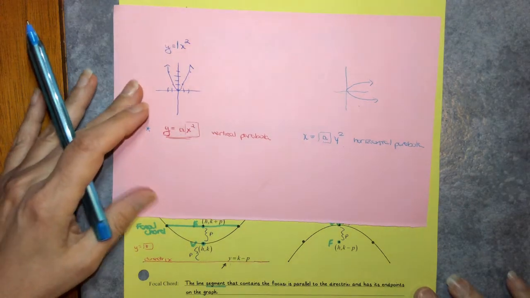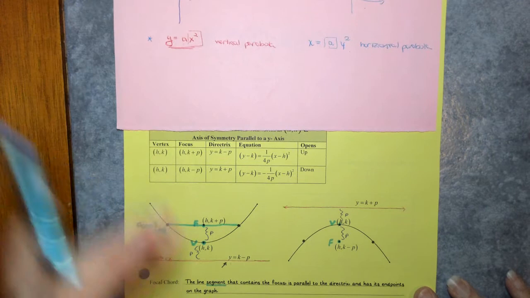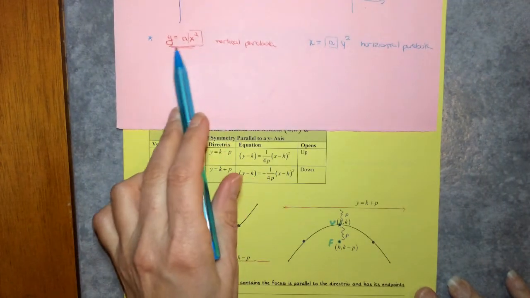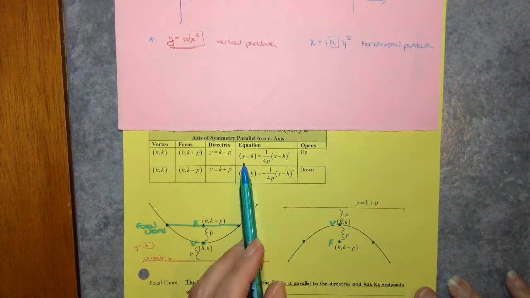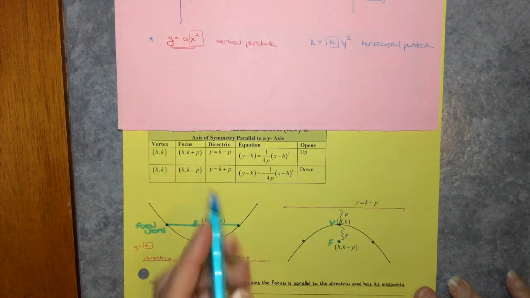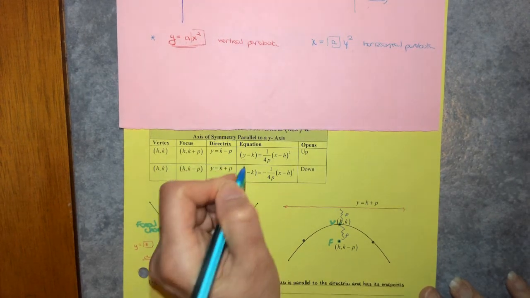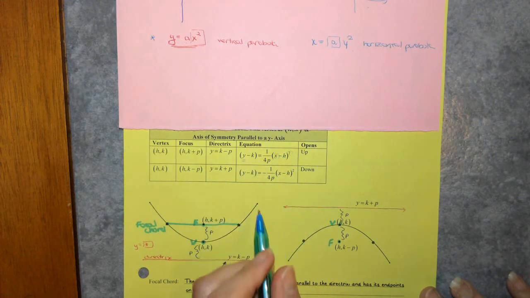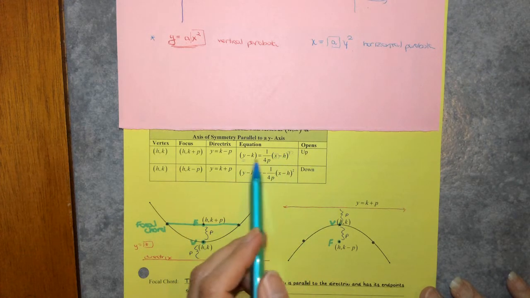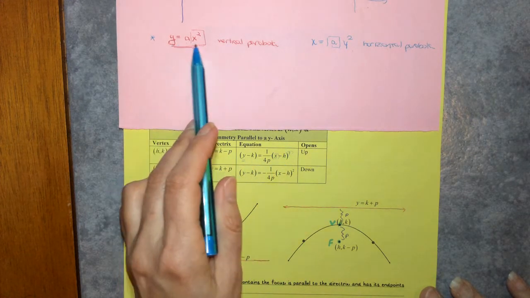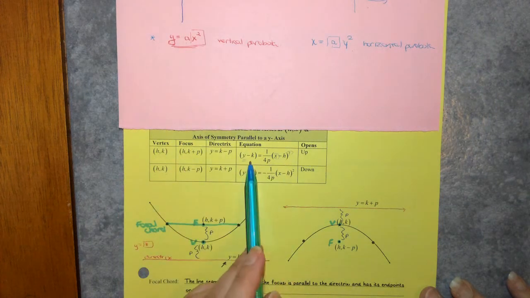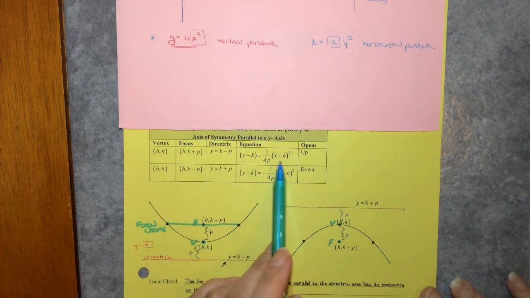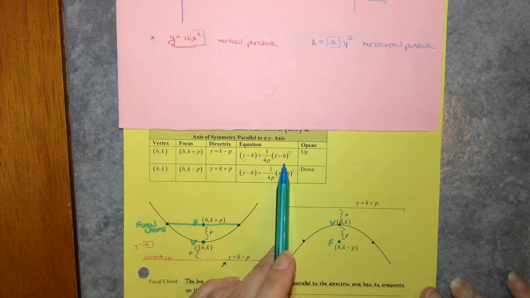So if we come to our vertical parabola, I want to compare this generic equation that we're already comfortable with to the current equation. I see that it starts with a y, and the x is going to be squared. You can see there was an adjustment: this is when the vertex is at 0, 0, and here's our adjustment for when the vertex is somewhere other than 0, 0.